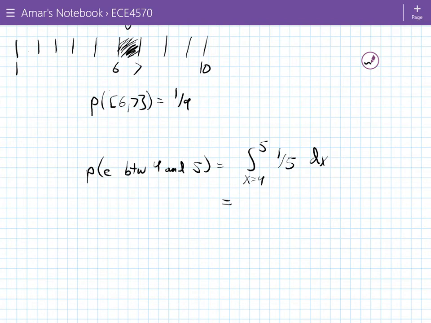So this function is 1/5 times x, and we take that between 4 and 5. This is 1/5 times (5 minus 4). So this probability comes out to 1/5. Okay, does this make sense? Just doing a simple integral here.